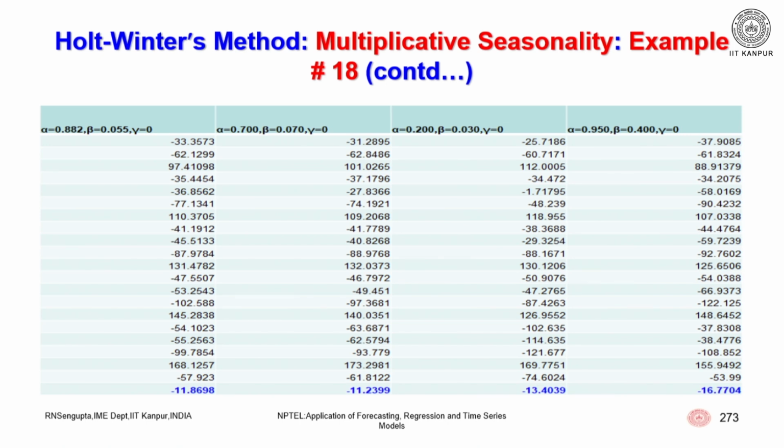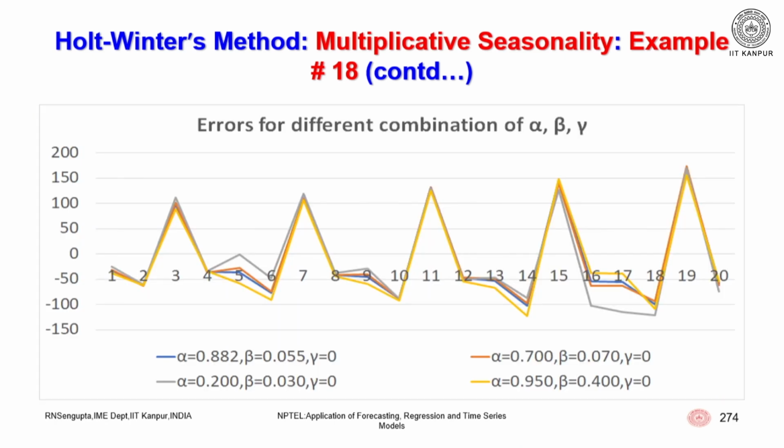Second combination is 0.7, 0.07 and 0. Third column is 0.2, 0.03 and 0. And the last column is 0.95, 0.4 and 0. These error plots which you are seeing are for the ones which you just discussed.